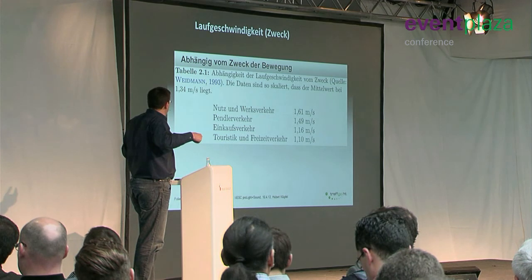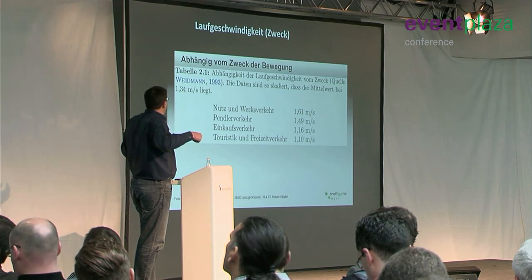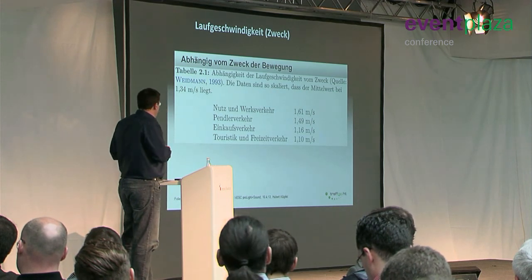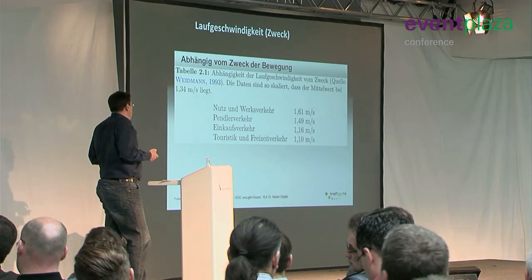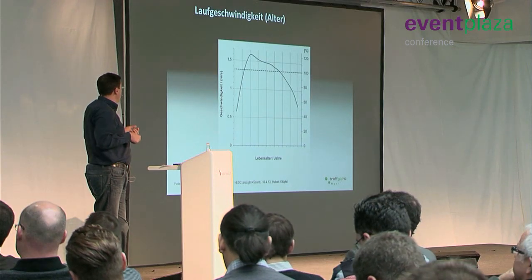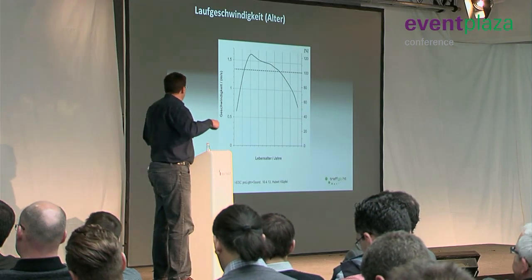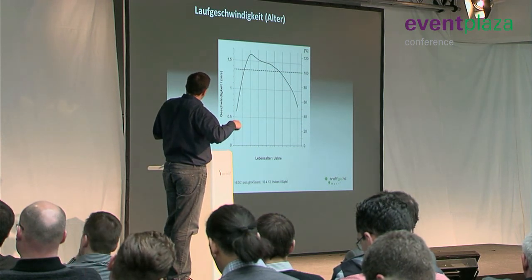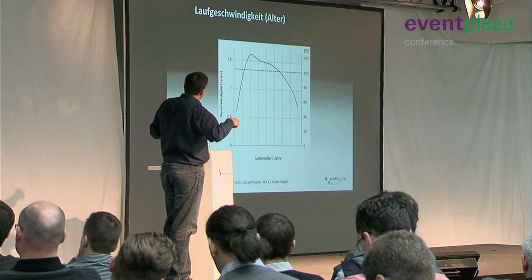Next, you have to look into the speed of movement. In big cities, pedestrians typically walk faster than they do in rural areas. In leisure time, they walk more slowly than while at work. When they are tourists, they walk more slowly than when they go shopping, etc. And then, of course, the walking speed depends on age.